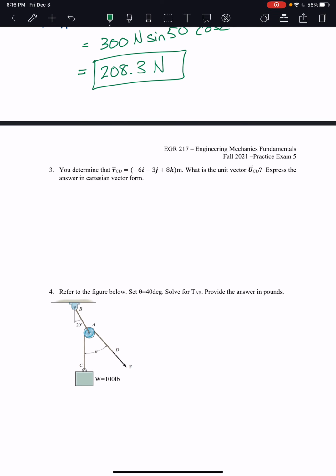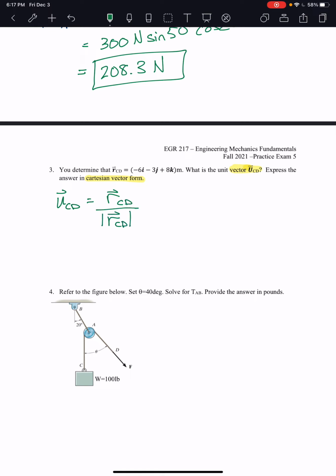You determine the position vector is negative 6i minus 3j plus 8k. What is the unit vector? Express it in Cartesian vector form, so that just means the ijk. So the unit vector from C to D is going to equal that position vector from C to D divided by the length of that position vector.